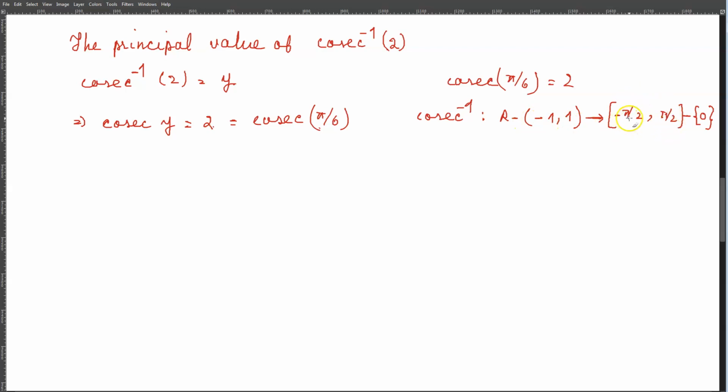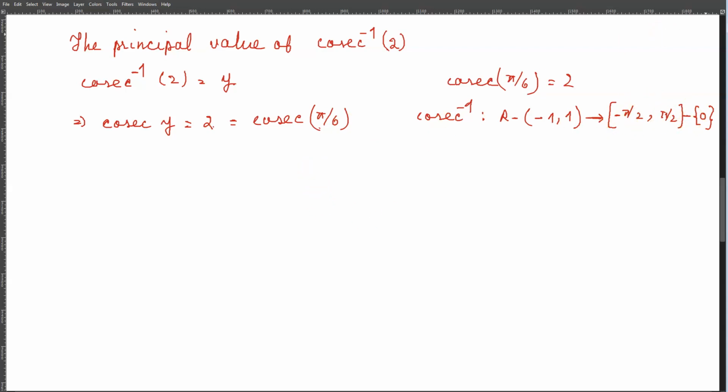So the range goes from negative pi by 2 to pi by 2, and 0 is not a part of the range of this function. Here I have pi by 6, which is of course a part of this range. There is no problem with that.